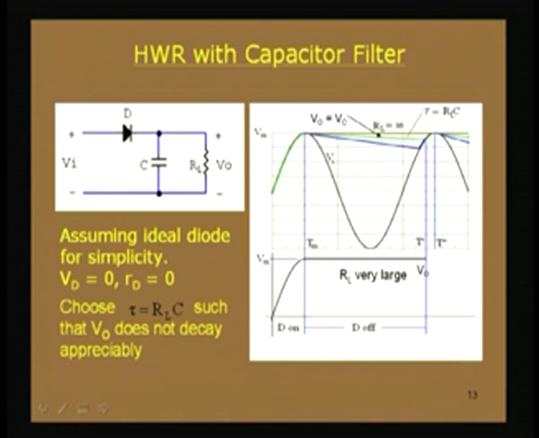So, if the input voltage is Vi, and we draw the output voltage for a particular resistance RL, first of all the capacitor will be charging to the peak value of the input voltage. Now, when you notice the input voltage, it is sinusoidal, varying with time.